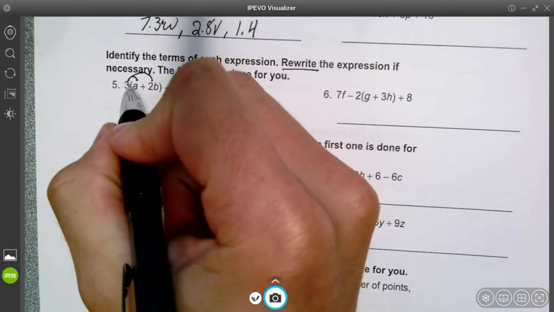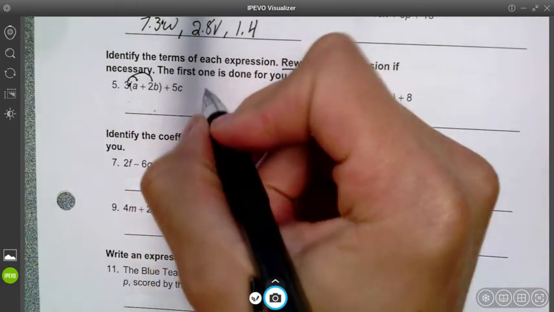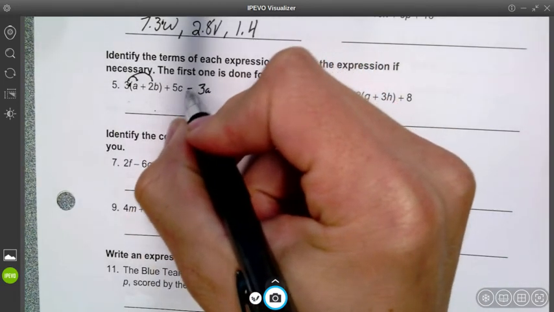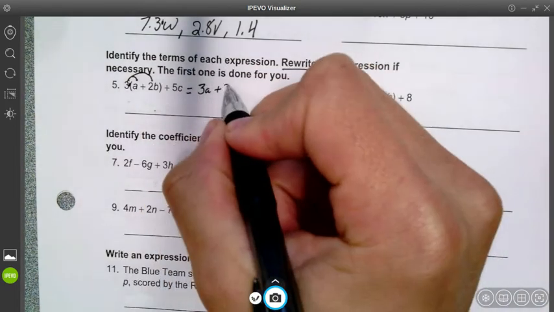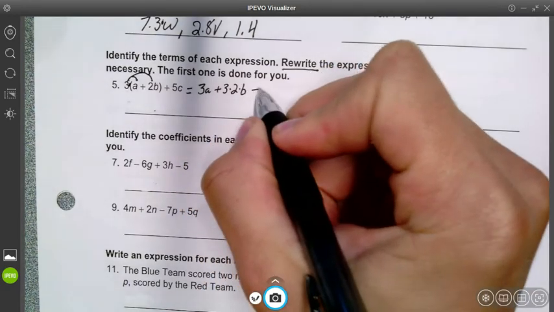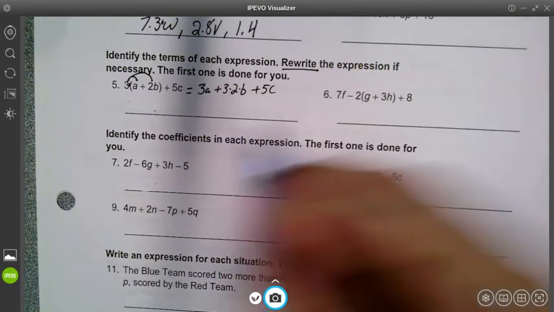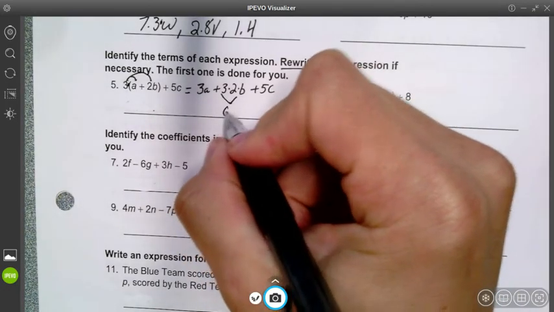This is multiplication outside this parenthesis here, in between that 3 and parenthesis. So I'm distributing the 3, so it becomes 3a plus 3 times 2 times b plus 5c. Now I have to simplify this, and this 3 times 2 times b is just 6b.